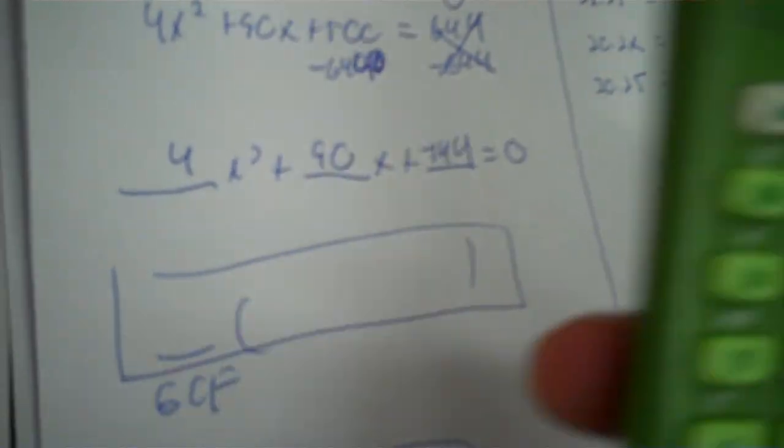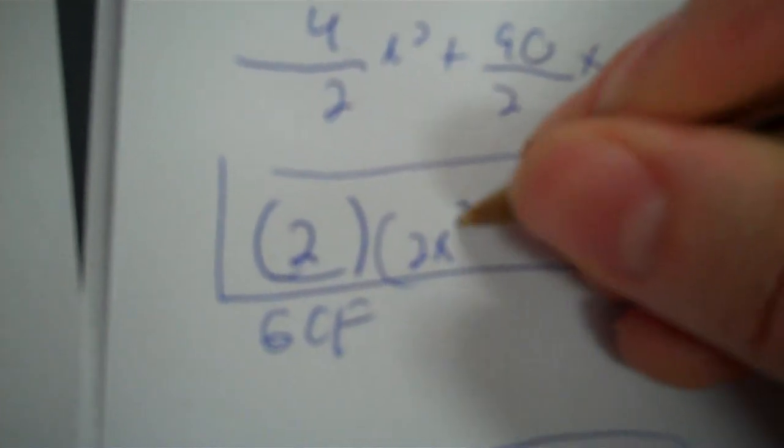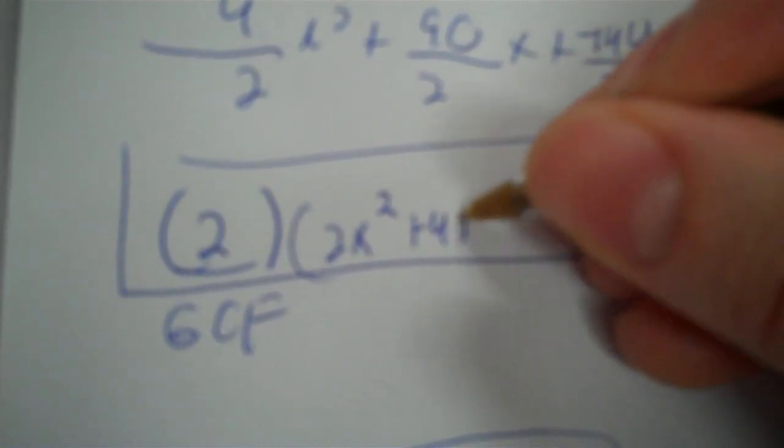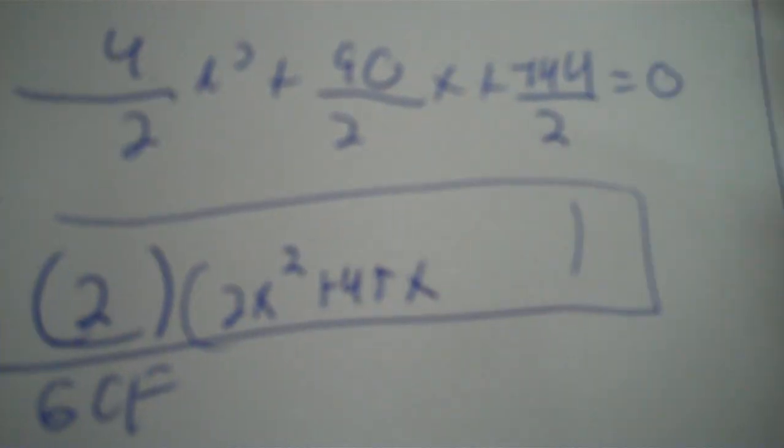All of them get no decimal, so 2 is the GCF. You can divide all of them by 2 without getting a decimal. So I factor the 2 out, and I divide all these by 2. That's 2x squared, positive 45x, and then negative 72.